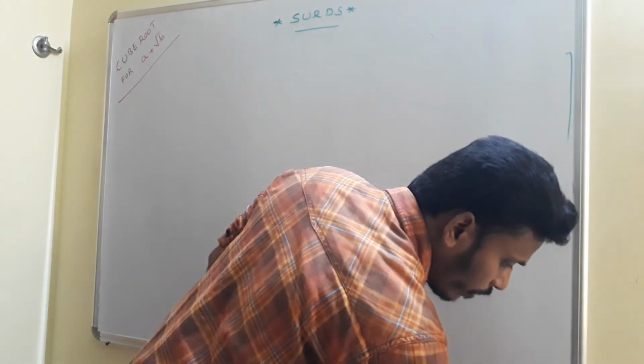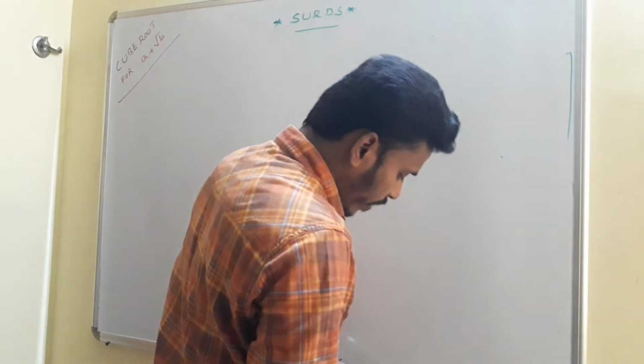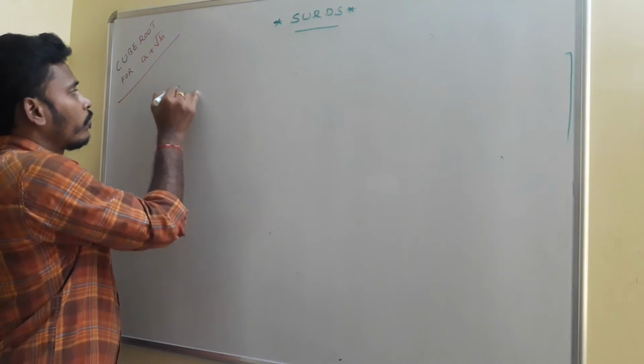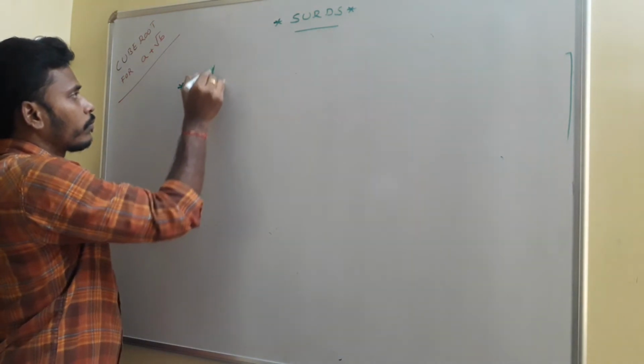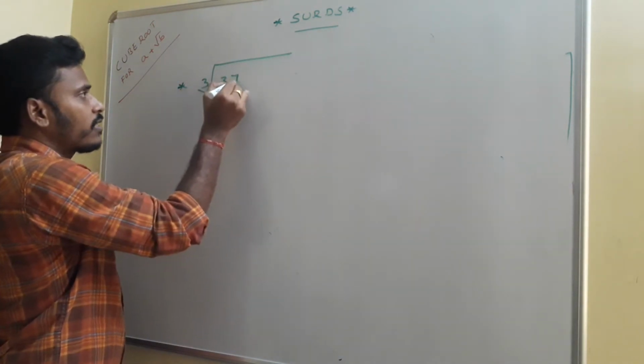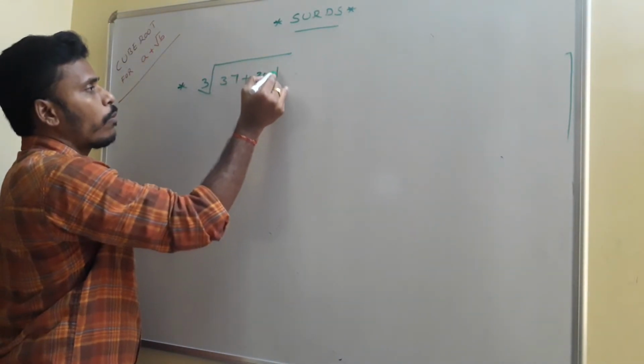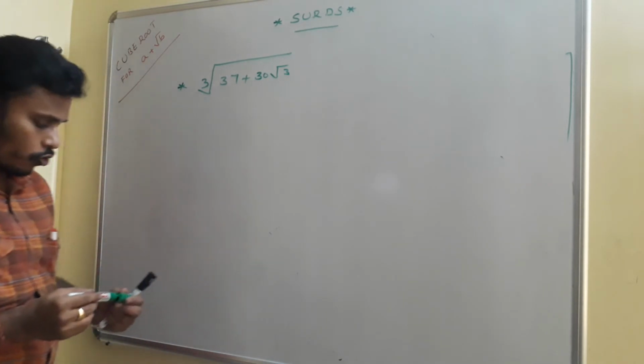I have one more problem with me right now here. For example, if anybody asks you to find the cube root of something like 37 plus 30 root 3. If this is your problem to solve, how to solve?